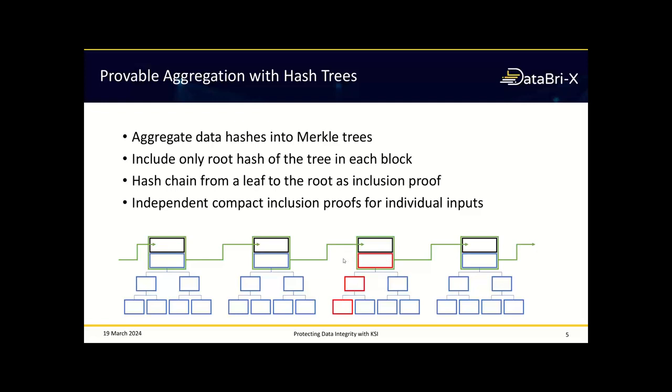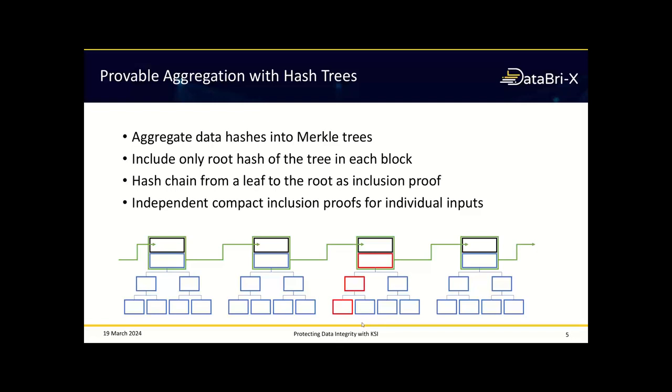So for each member, an independent compact inclusion proof can be provided, which shows that this one element was part of the set that was aggregated to produce this root value, and this root value in turn was linked into this chain, establishing the time when this aggregation took place. So this is a two-step process to obtain a proof of when this element was included in the ledger.